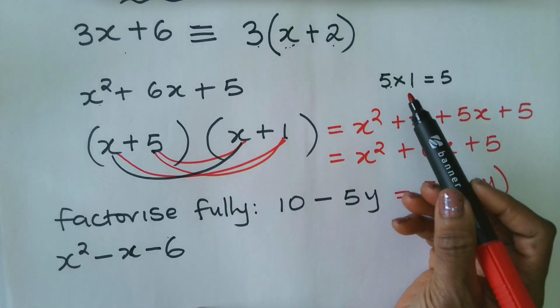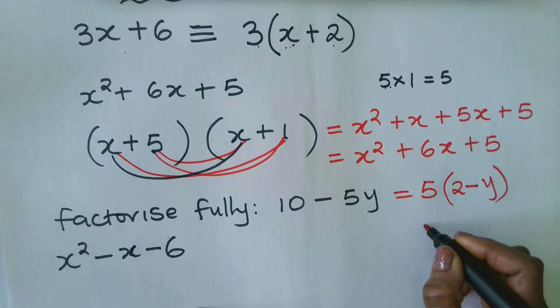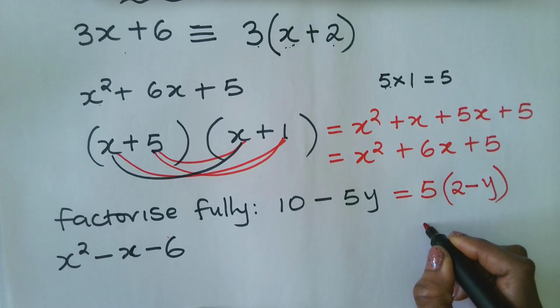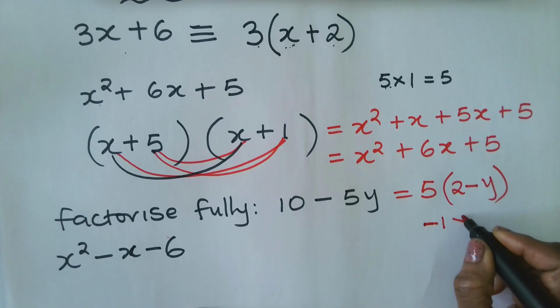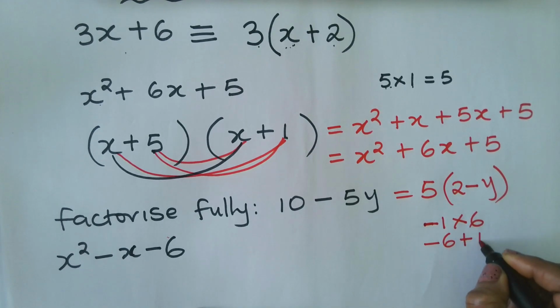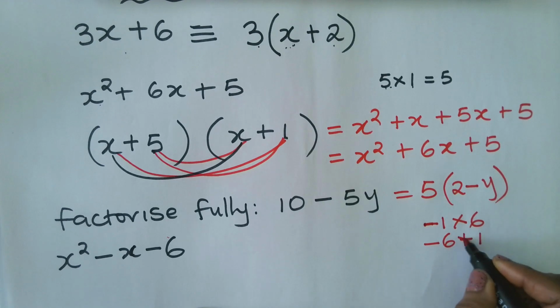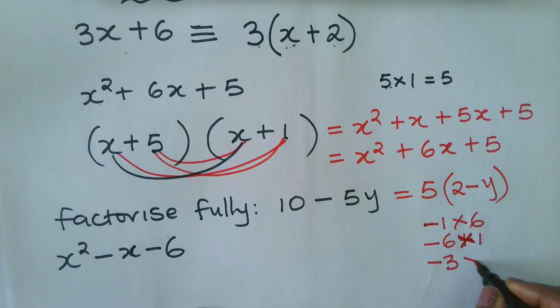The numbers that multiply to give us minus 6 would be minus 1 times 6, or you can say minus 6 times plus 1, and then minus 3 times 2, or you can say minus 2 times plus 3, which is the same thing.